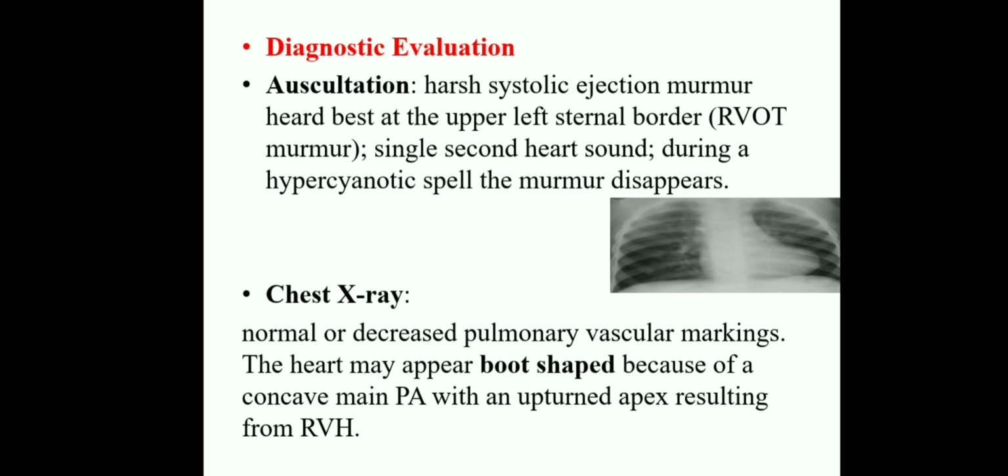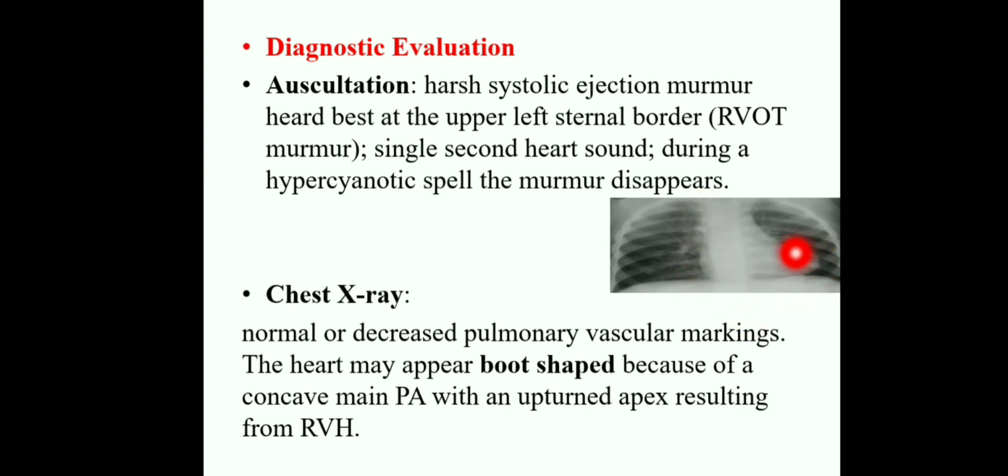Coming to the chest x-ray, there is normal or decreased pulmonary vascular marking. The heart may appear boot shaped because of a concave main pulmonary artery with an upturned apex, resulting from right ventricular hypertrophy. Look at this image, how the heart looks.